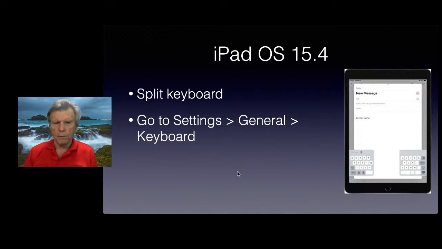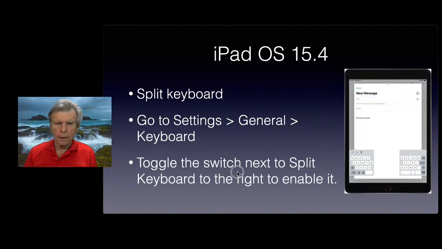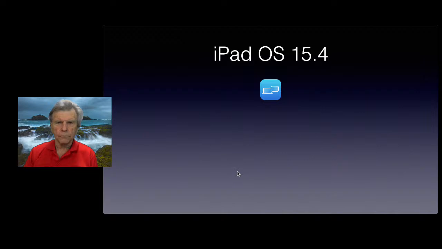To set that up, you simply go to Settings, General, and Keyboard. You toggle the switch next to Split Keyboard to the right to enable it. So it's easy to set up. That's the way you turn it on, and that's the way you turn it off.